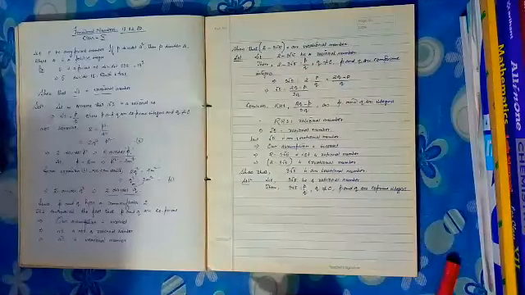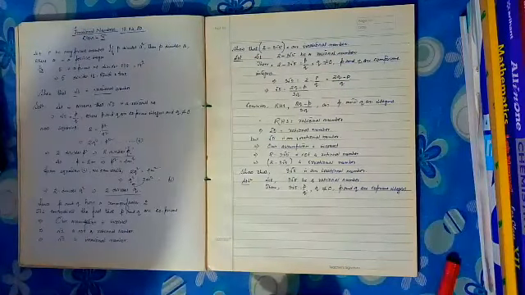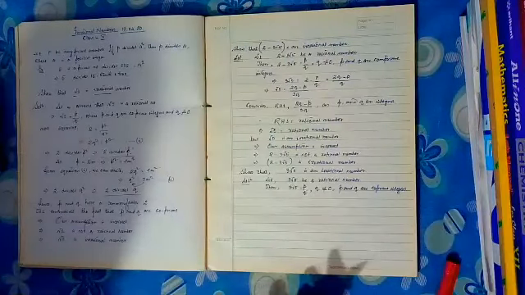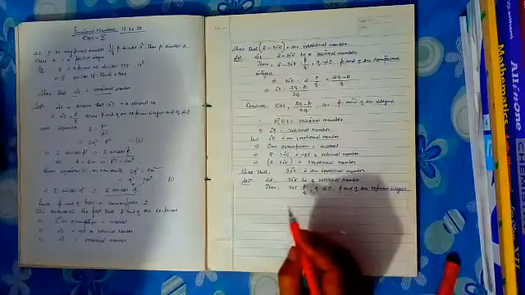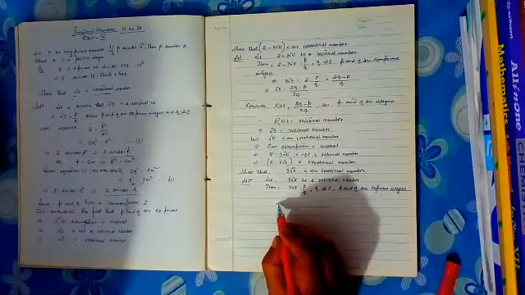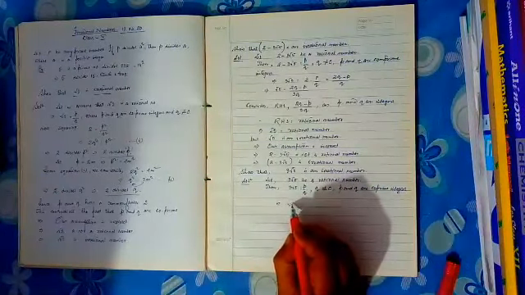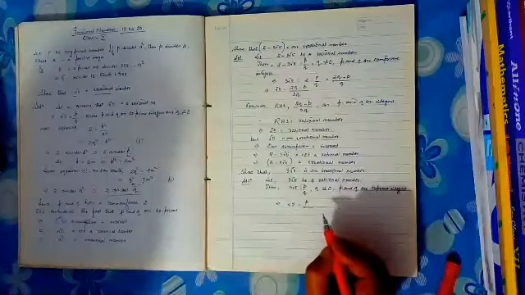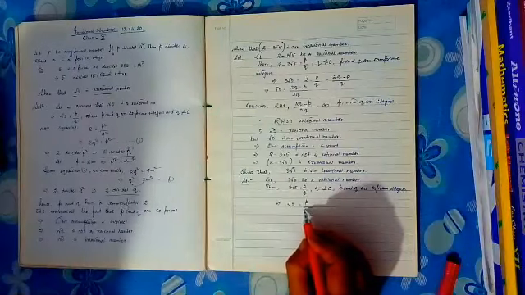Clear, students? Okay. Then this implies that root 5 is equal to p by 3q.